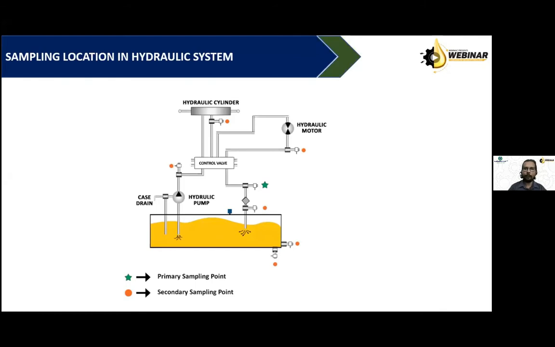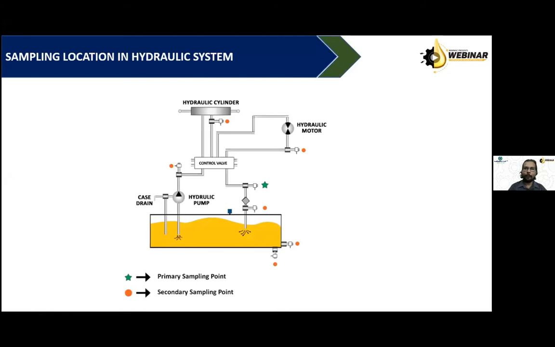So in the process of breathing, there is continuous contamination addition. Now, what to do for that? We can put a very good breather, and how to see the performance of the breather or of the system, that is sampling.